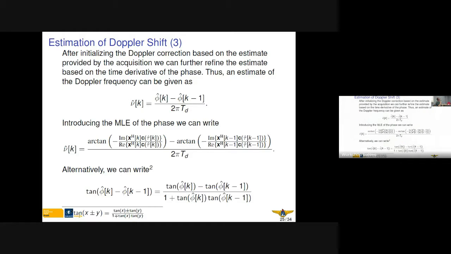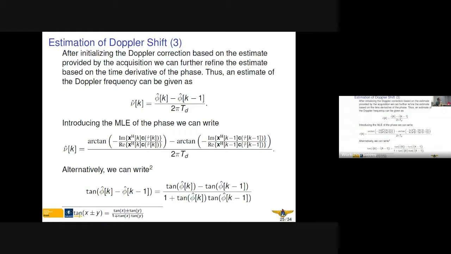And if we take the derivative of this phase with respect to time, we end up with the residual Doppler frequency. Yeah, and this is how we can put this here. So the estimate nu hat is the residual Doppler, or the included Doppler frequency, based on the derivation of the phase over time. And here it's 2 pi td, so one duration of the PR sequence.